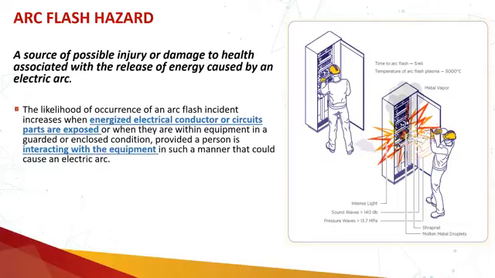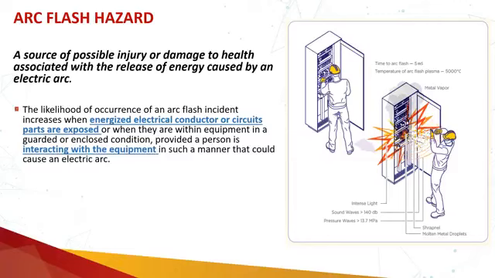Or when they are within the equipment in a guarded or enclosed condition, provided a person is interacting with the equipment in such a manner that could cause an electric arc. Now, it is closed inside the enclosure. The enclosure is closed, but I'm operating it remotely or locally. If I'm interacting with the equipment, there is a chance of flashover as well.